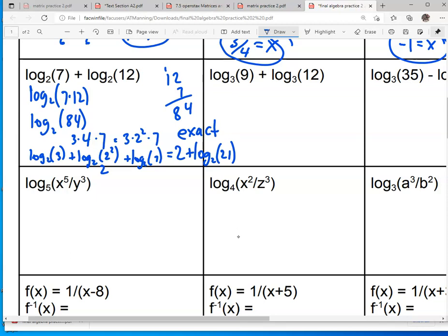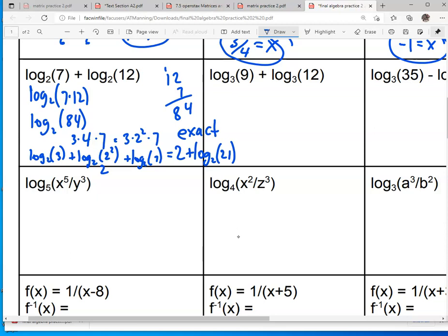So the key to a problem like this: can you find a power of 2 hidden in these two things multiplied together? There's a 4 hiding in there. That gives me a slightly simpler form of log base 2 of 2 squared. Otherwise, 3 and 7 don't come out to be anything simpler.